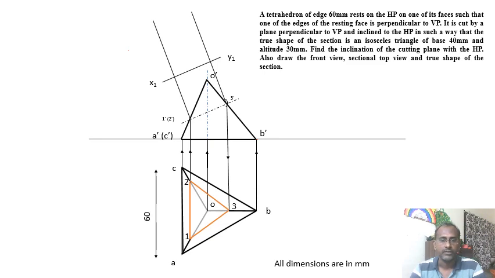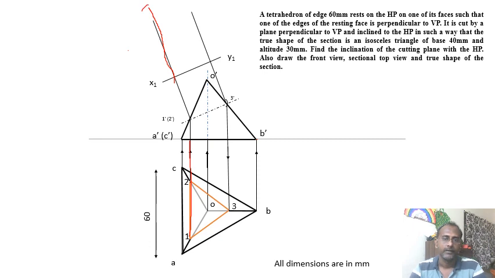That is, you transfer the distance of 1. It is this much. Take this measurement from the reference line to the point 1 in the top view, and then from here you take the same measurement to get point 1.